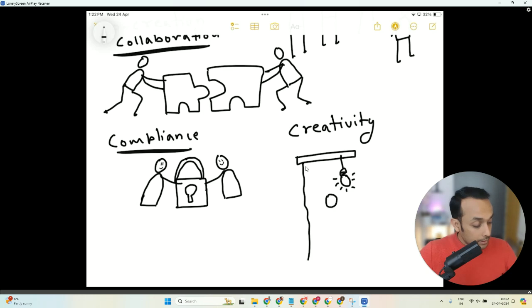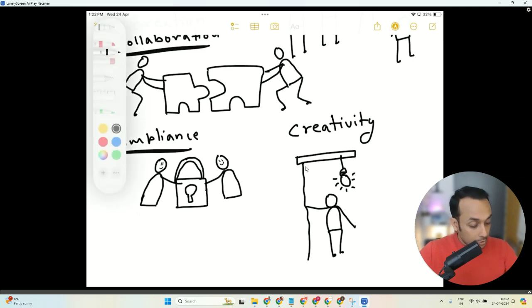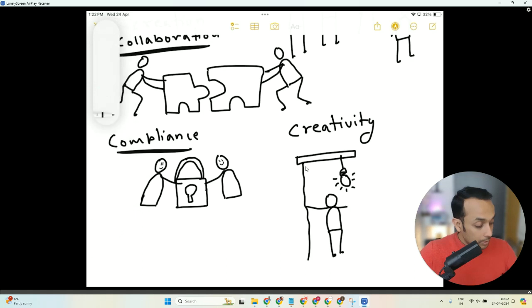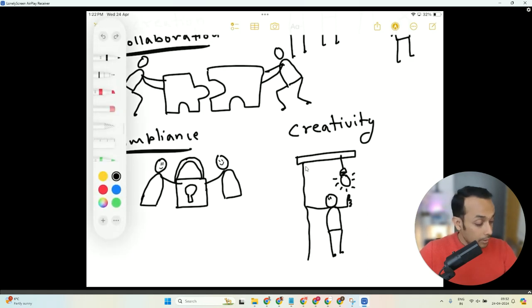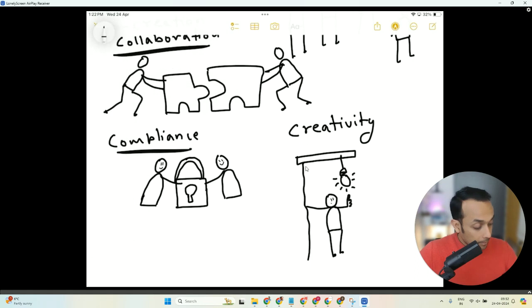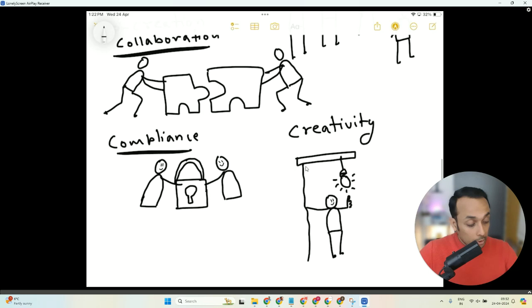So basically, here is the guy standing. He is pulling the lever, and maybe I can show that his hands are pointing up. Yeah, or let me reduce the nib size here, and this is creativity.